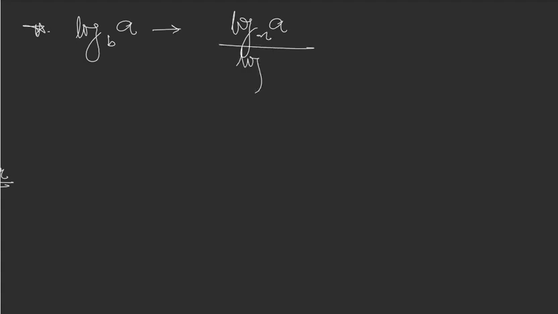Okay, fourth law. This is also very important. Suppose if I write log of a to the base b. Now I can simplify this log of a to the base b by writing it as log of a to the base x upon log of b to the base x.